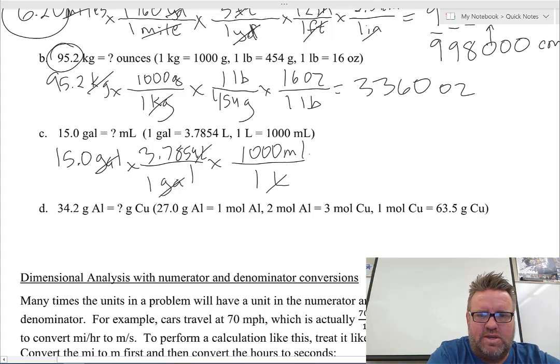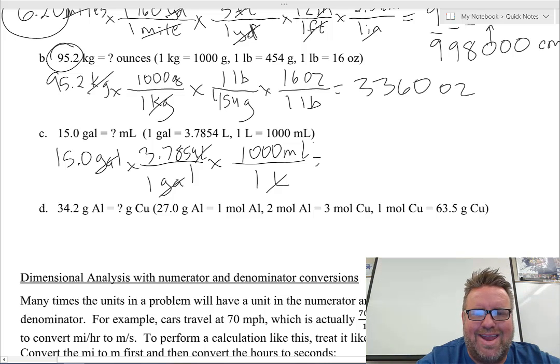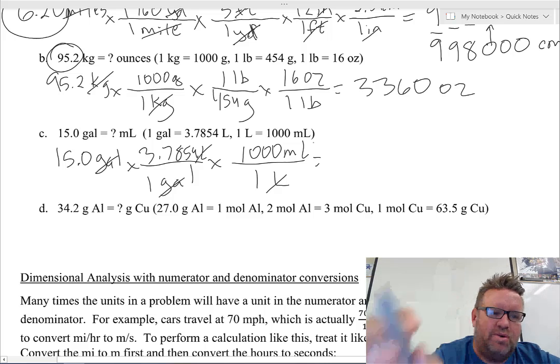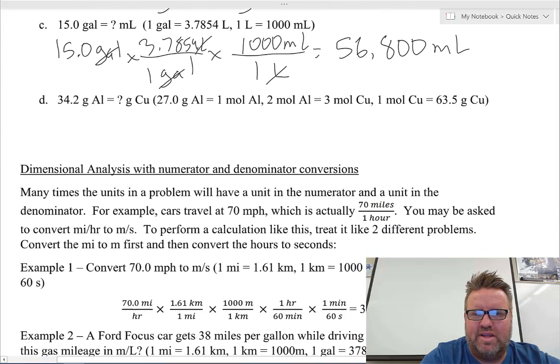Equals 1,000 milliliters. So 15 times 3.7854 times 1,000 equals 56,781. But with only 3 significant figures, that's going to be 56,800 milliliters would be our final answer.